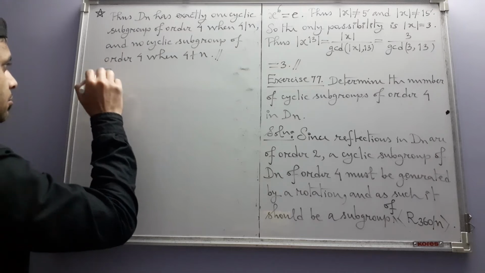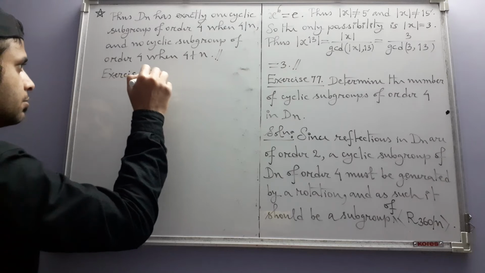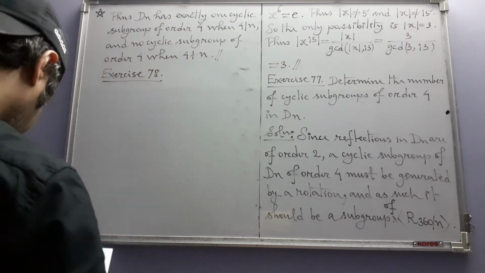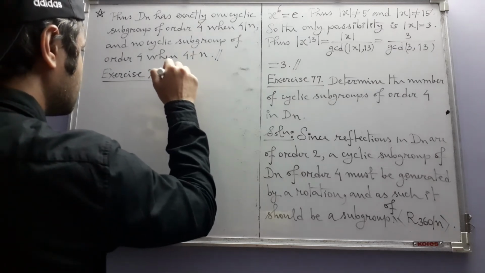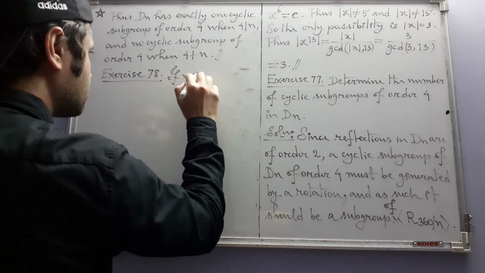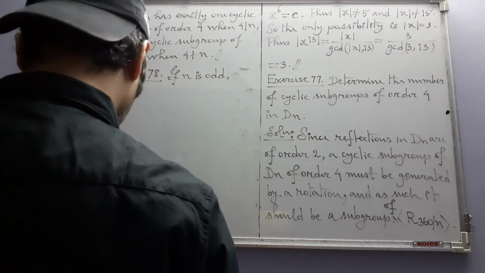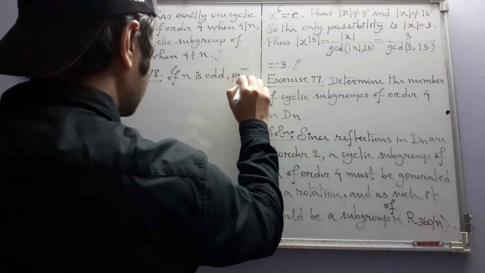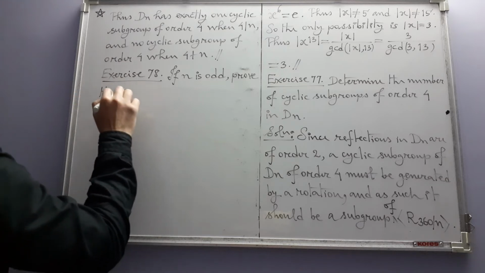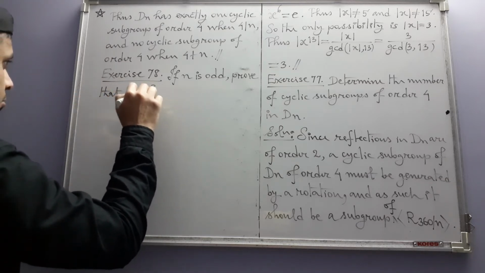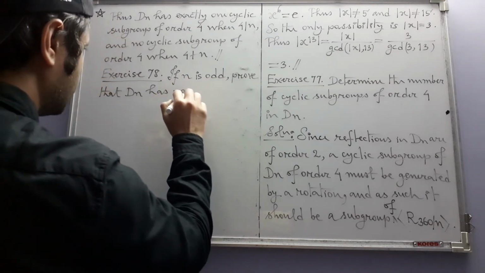Then (78) if n is odd, prove that Dn has no subgroup of order 4.